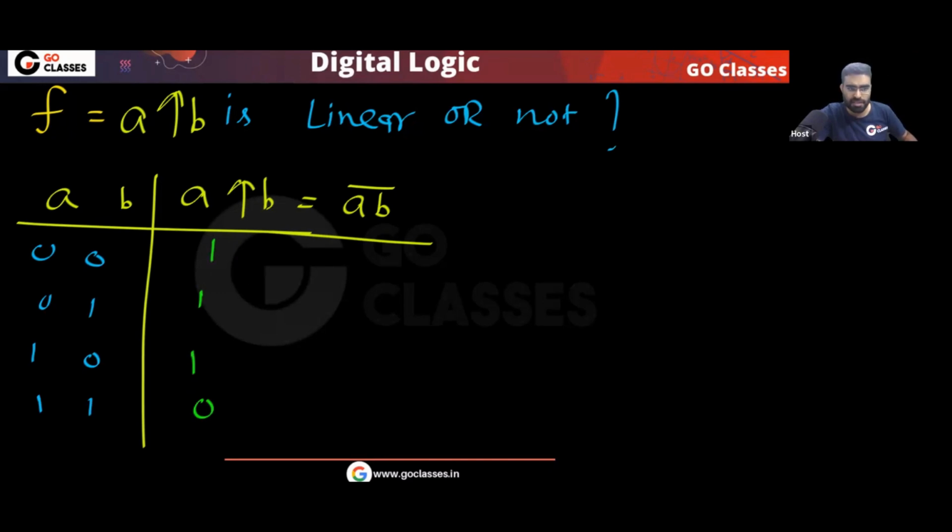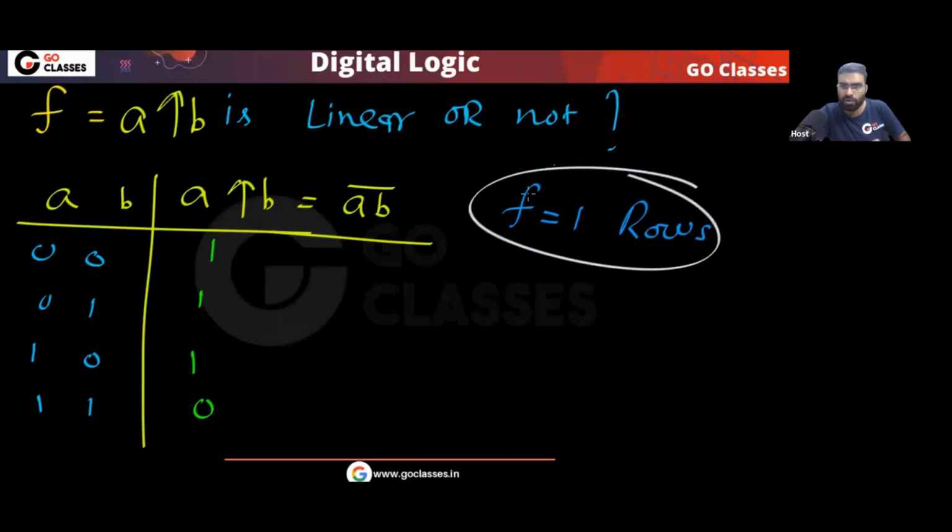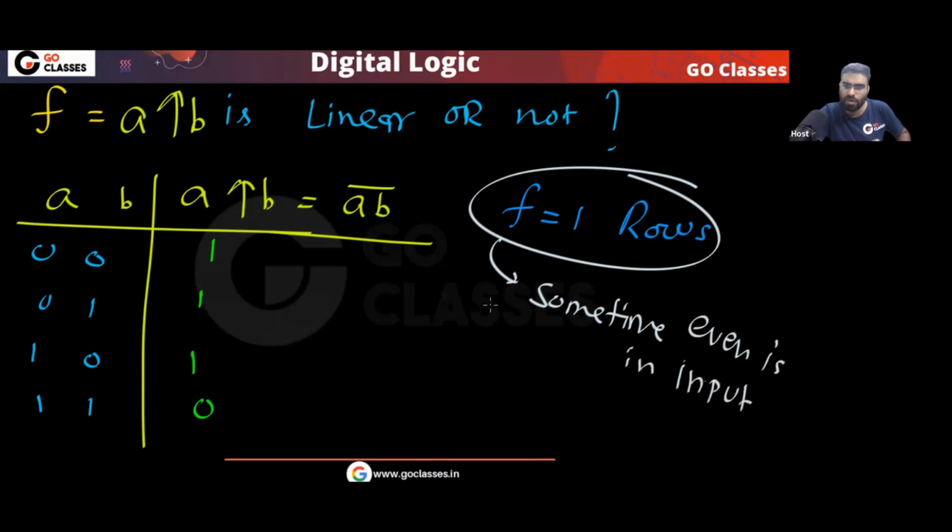Now you can easily see, look at the f equal to 1 rows. Sometimes you have even ones in the input, and sometimes you have odd ones in the input.